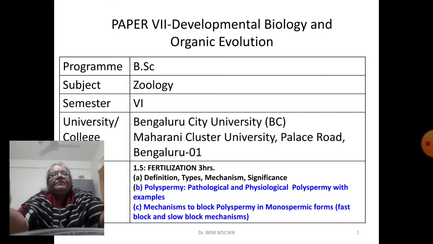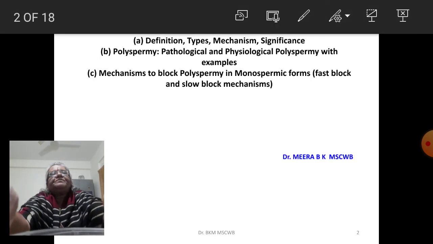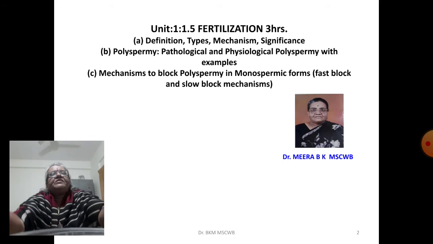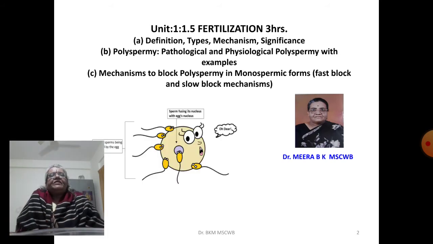Okay, now let us discuss this. So you can see the diagram here. You can see the egg here, and many sperms trying to make an entry into the egg.